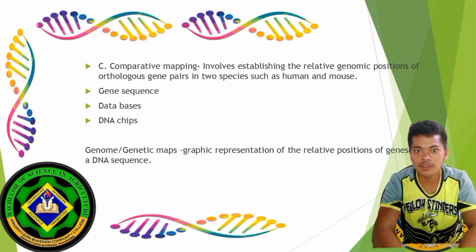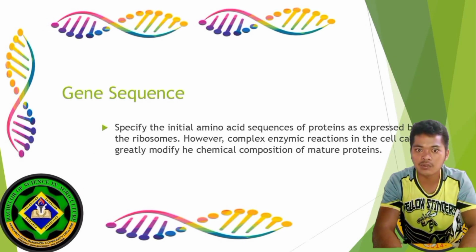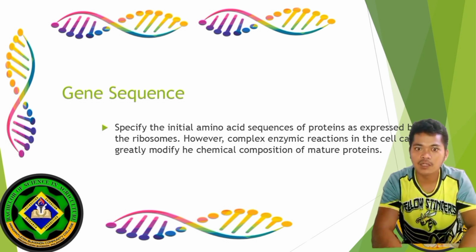Genome or genetic maps graphically describe the relative positions of genes on the DNA sequence, especially the initial amino acid sequence of proteins as inspired by the ribosomes. However, complex modification reactions in the cells can greatly modify the chemical composition of native proteins.